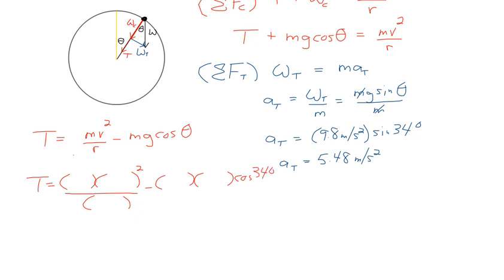So the m, what was the m in the problem? 0.12, so that goes there, and that goes there. While I'm over here, I know gravity is 9.8 meters per second squared. The velocity was 5 meters per second, and what was the R? 1.4. And if you put all those numbers in, what do you get for your T? What was it? 1.17 newtons.